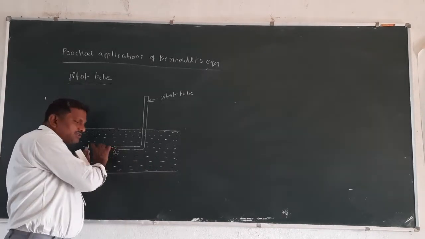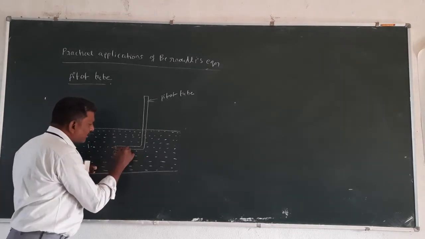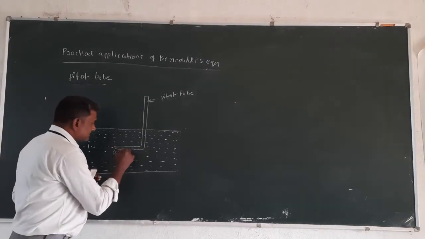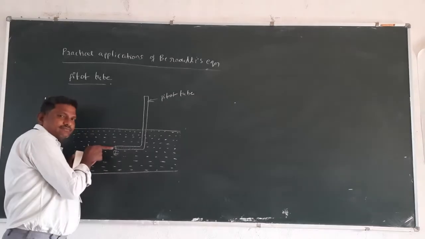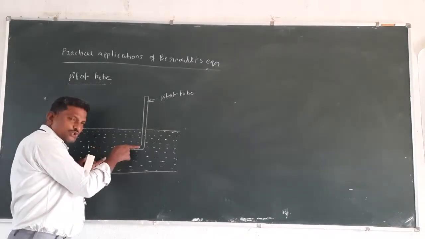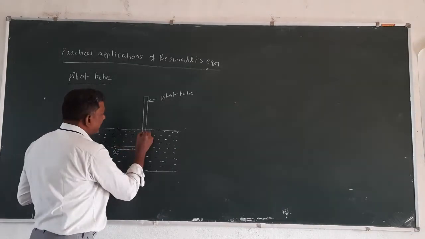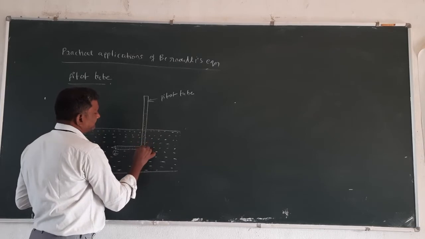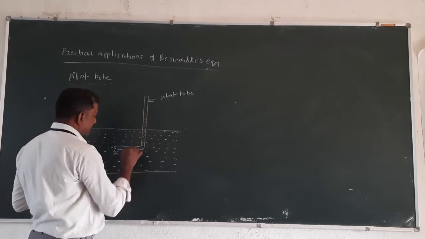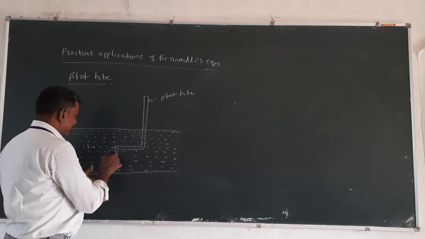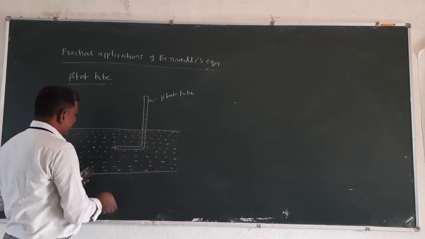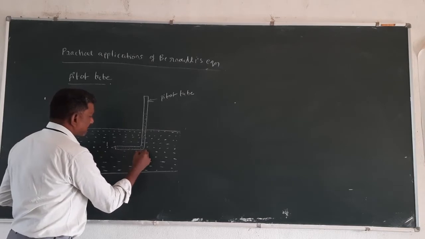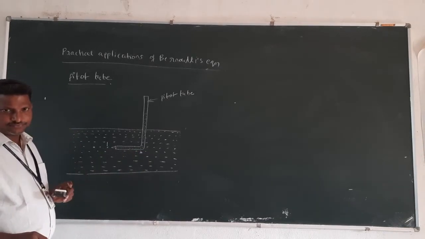See, the water is flowing. As it is flowing, what will happen? Water will flow into the tube, and it may rise up to a certain level. Here we can consider 1 and 2.